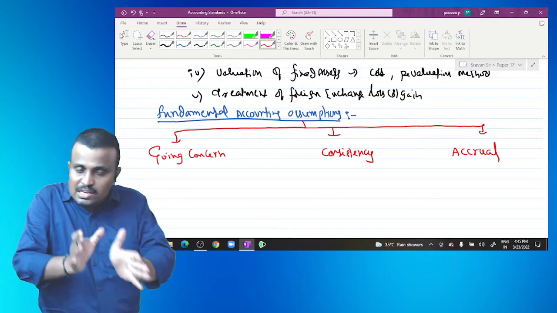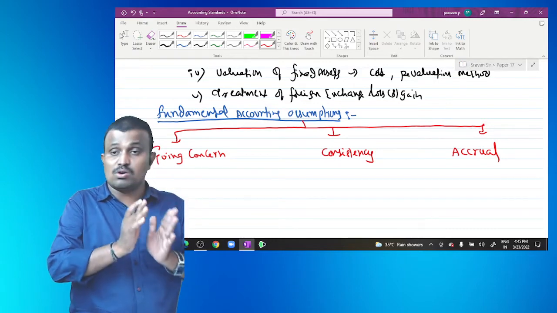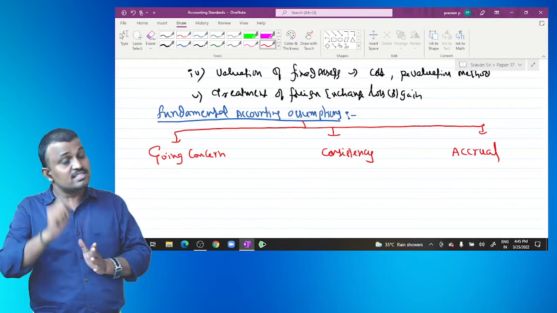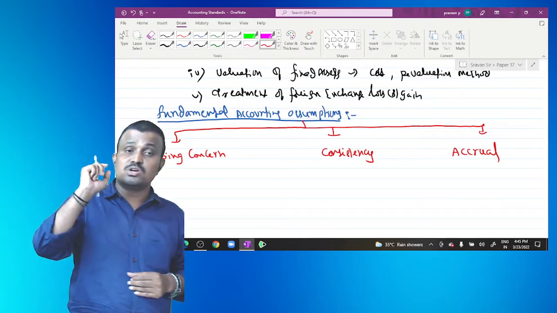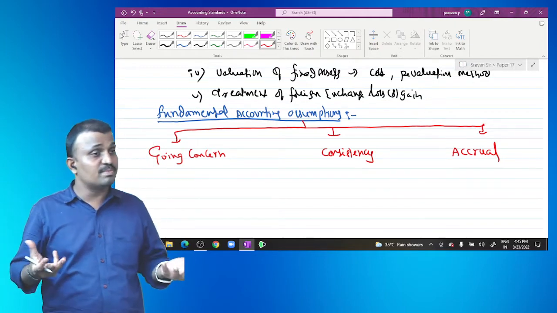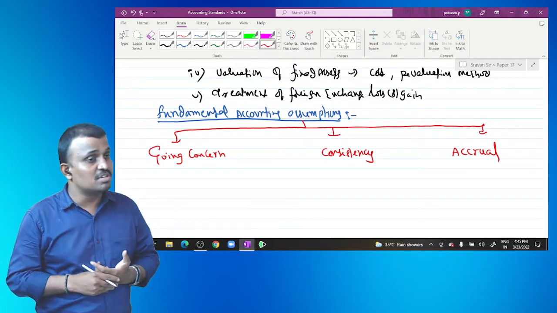So if the going concern concept is followed, then assets are shown at cost or book value only. In some cases, for example, if the company wants to close in the coming year, then the going concern concept is not followed. In that case, at what prices are assets or liabilities shown?